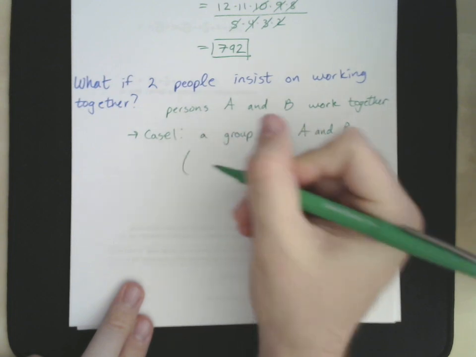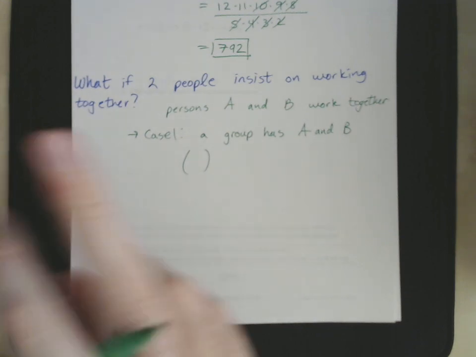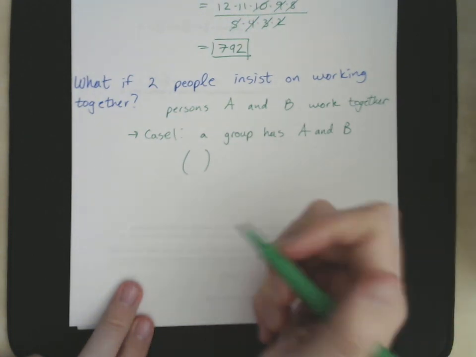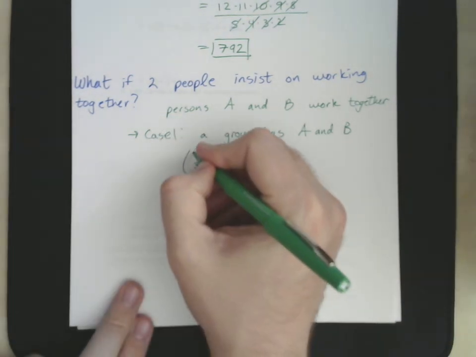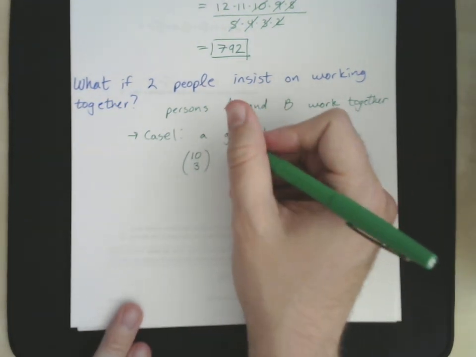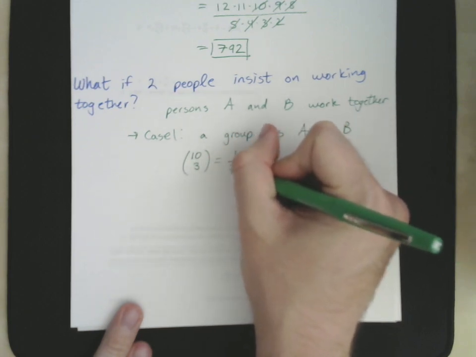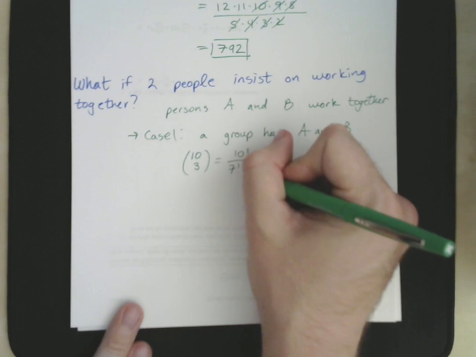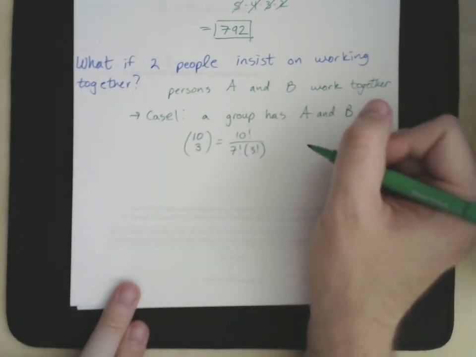We know that our groups are going to be an n choose r, so what we want to be thinking about is how many people are left now and how many people need to be selected into the group. If 2 are already there and we're still making groups of 5, that means I'm only choosing 3 more people to join them, and I only have 10 options left. This would be 10 factorial over 7 factorial times 3 factorial, or 3 factorial times 10 minus 3 factorial.